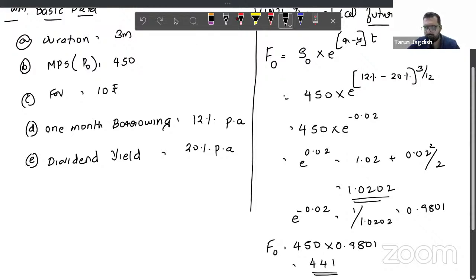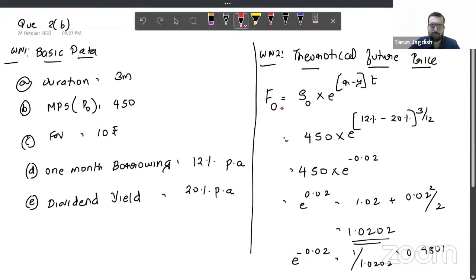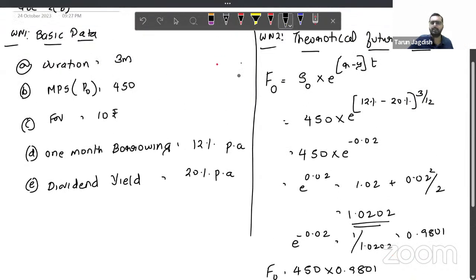So this is done with one assumption, assuming 20% as dividend yield. Now I will give you an alternative answer. Okay, just scribble down till here. I'll give you a minute's time.